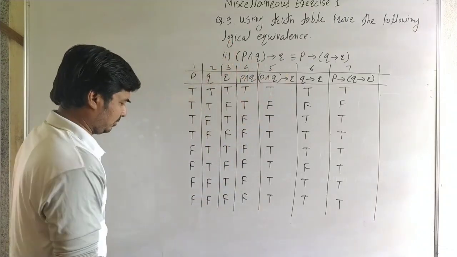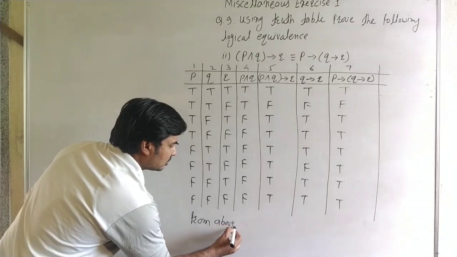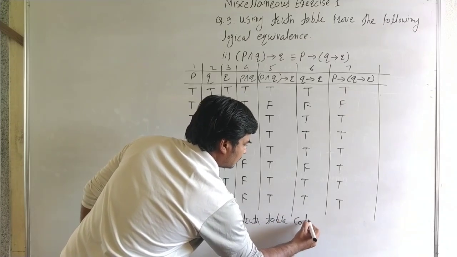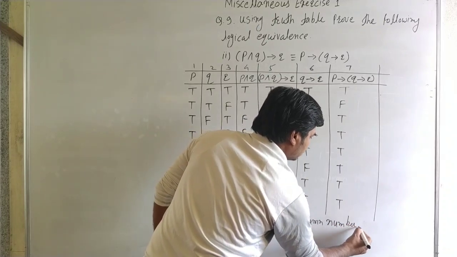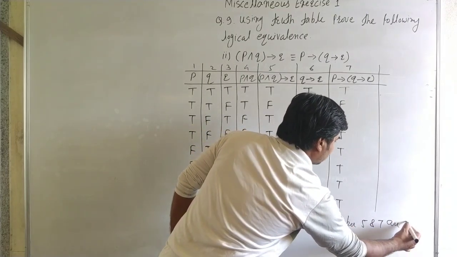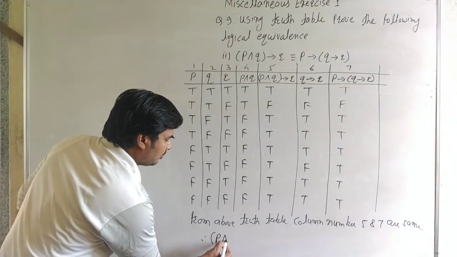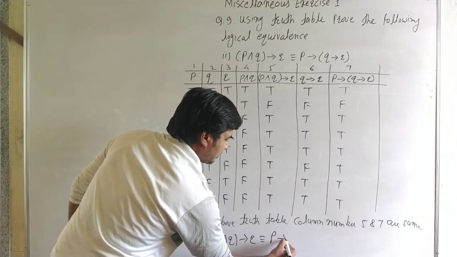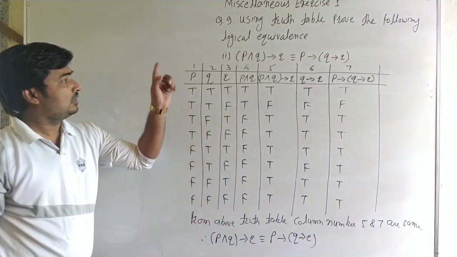Therefore these two statements are equal. From the above truth table, columns 5 and 7 are the same, and therefore we can write P and Q implies R is equal to P implies (Q implies R). Okay, see carefully this.